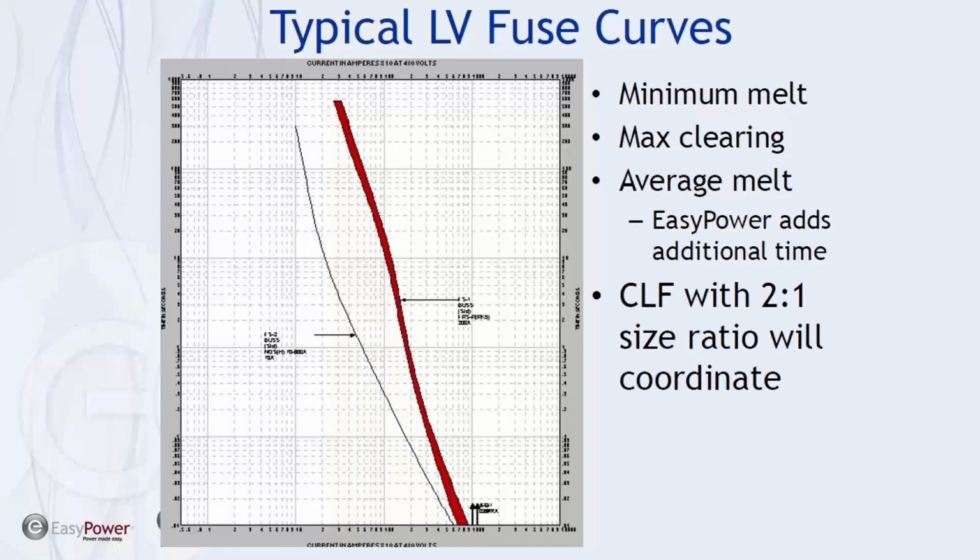Now, the significance of that is at any given current, because this is an inverse curve, there can be a relatively wide spread between the minimum clearing time, which is the lower edge of the curve, and the max clearing time, which will be the upper right-hand side of where that current intersects my fuse line.